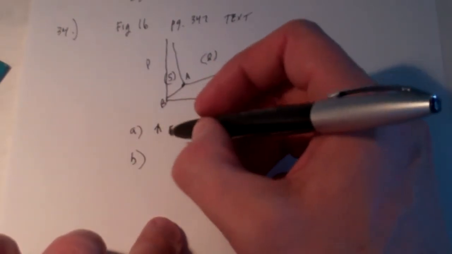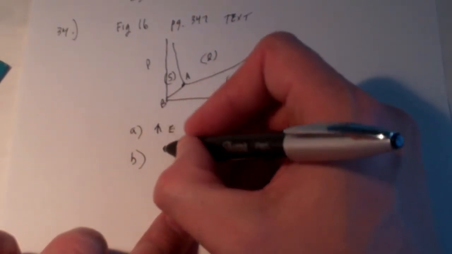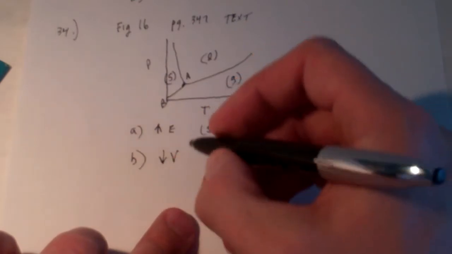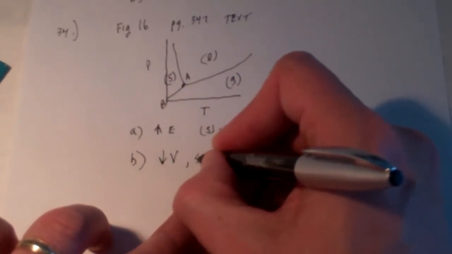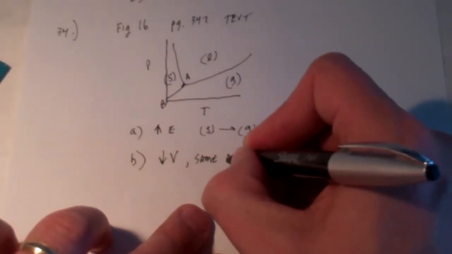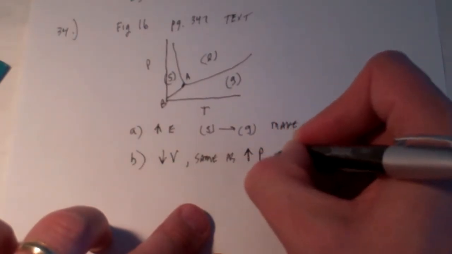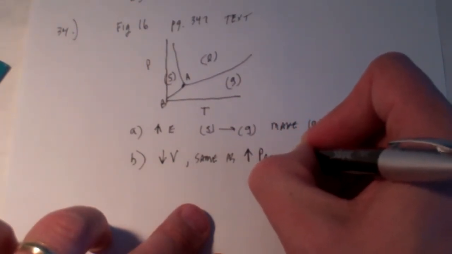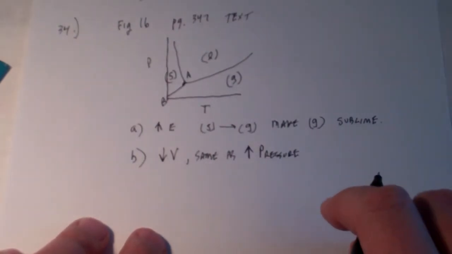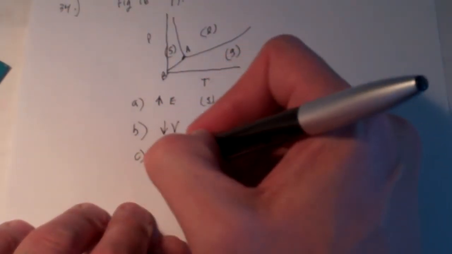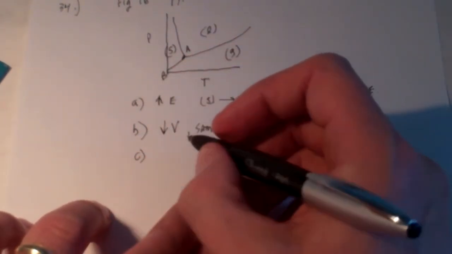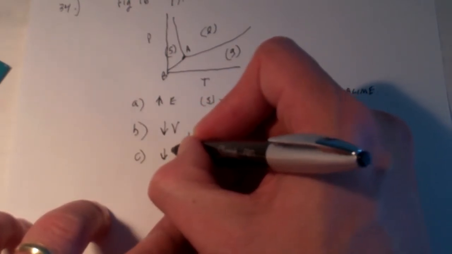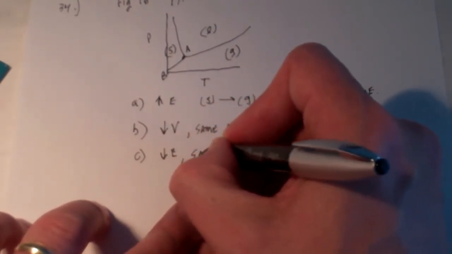Letter B. I'm just going to give you a hint here. When it talks about decreasing volume, that's what letter B says, decreasing volume. That's the same as increasing pressure. So think of it that way. And that's the help I'm going to give to you on letter B. Letter C says we remove energy. So lowering energy would be the same as what?